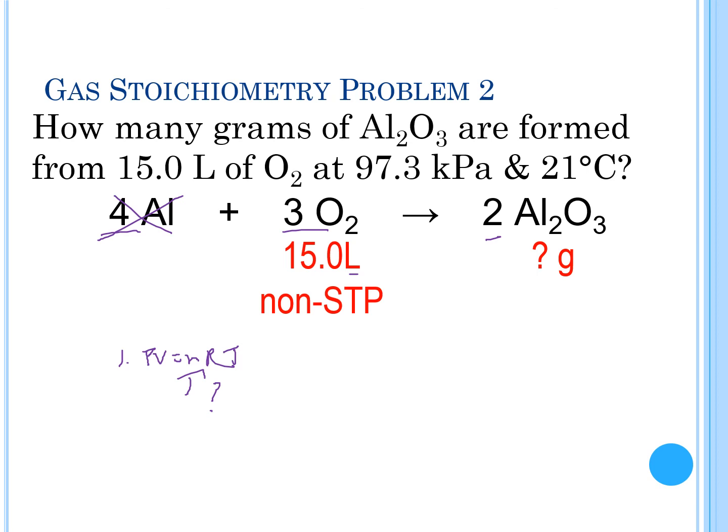And we can plug in moles of oxygen and convert that with our mole ratio and molar mass to get to our aluminum oxide. So I'm going to pause here for a second, let you figure this out on your own if you want to give it a try, and then I will switch over to the key.